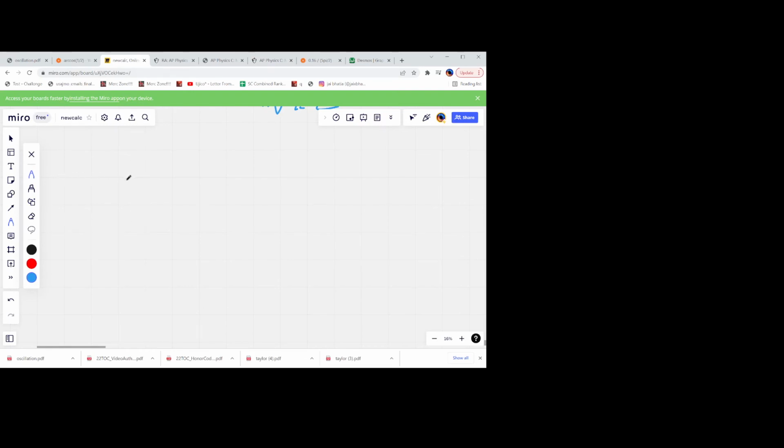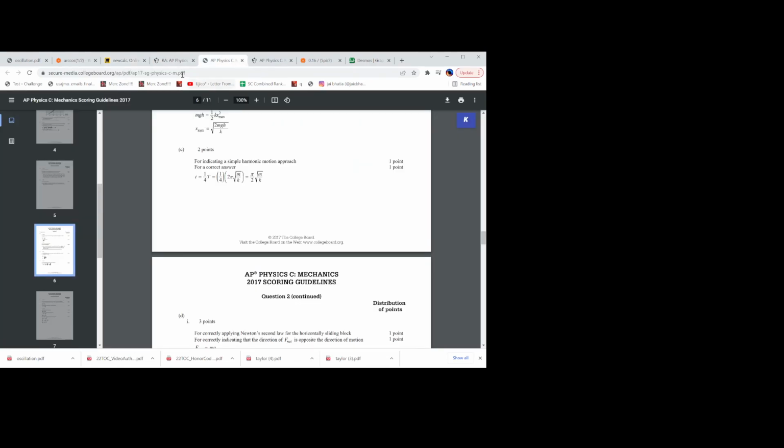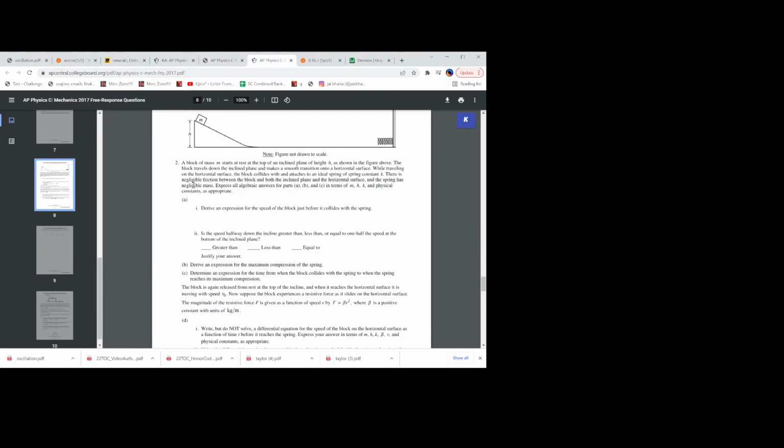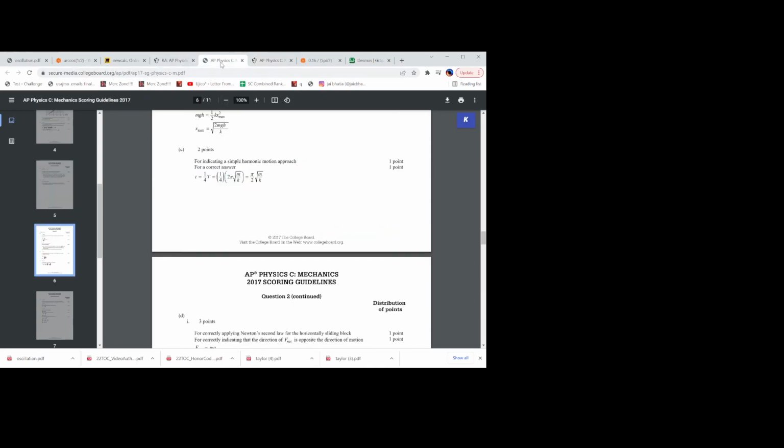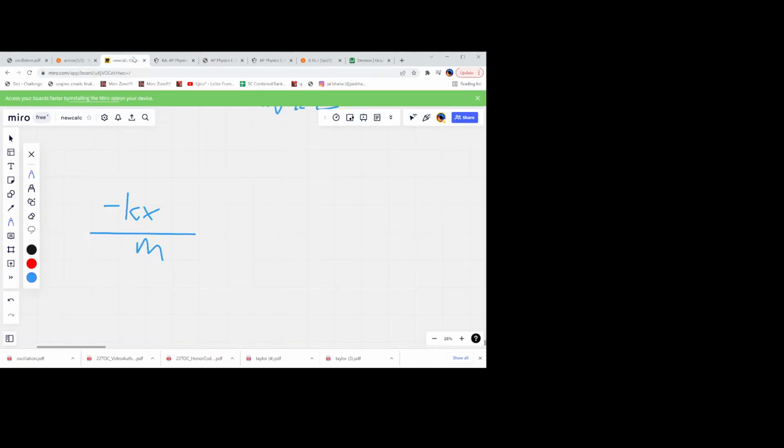Let's see. The acceleration is minus kx over m. Okay, this is our acceleration. Yeah, that is definitely our acceleration. Integrate this.